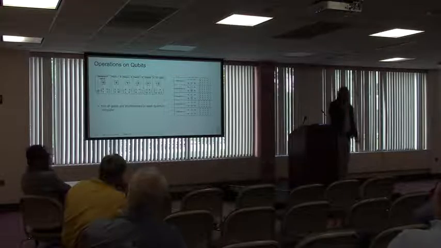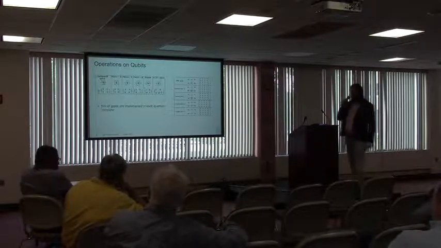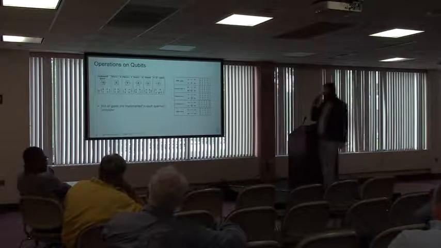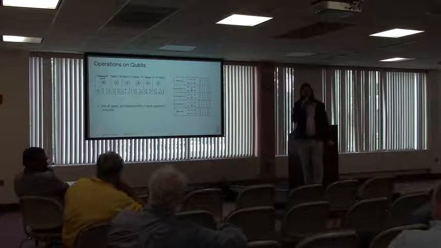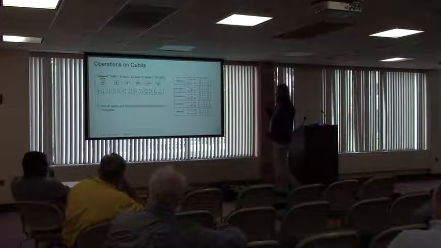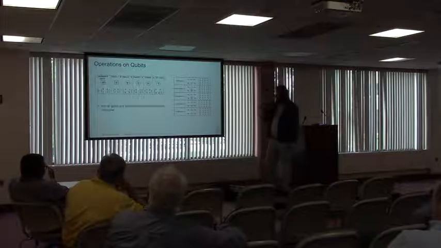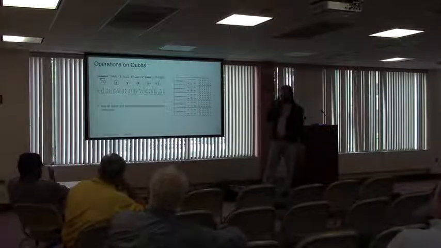Okay. So then maybe I need to introduce some operations on these qubits, and these operations also can be described as linear algebra. In this case, they will be described as matrices. And at the top, I have listed some common quantum gates.